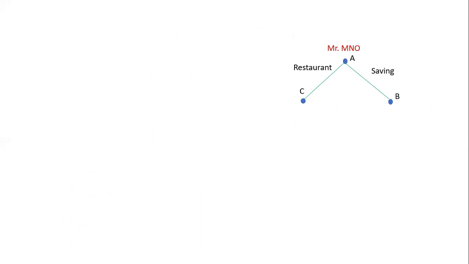Mr. MNO has some amount of money with him. He can either invest that money in a restaurant or he can put that money into the saving account. Therefore, these are the two possible choices that person MNO has to make up till now.